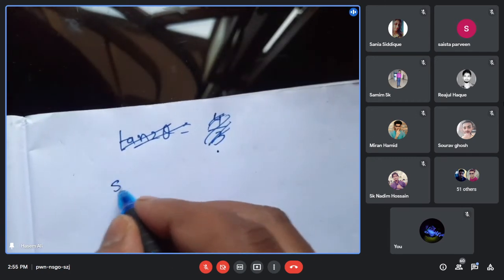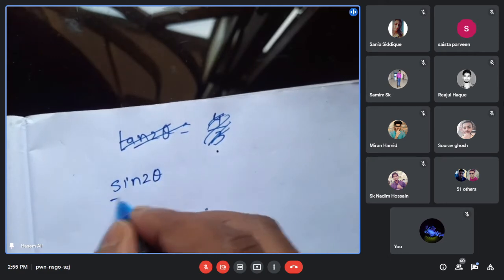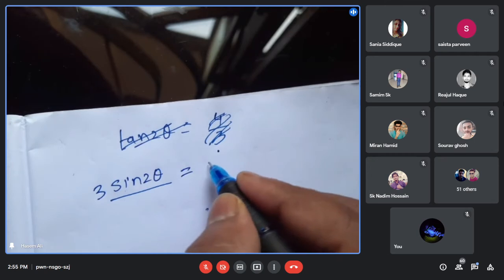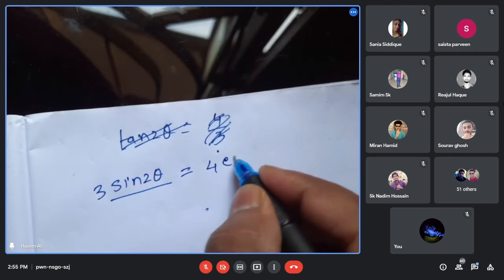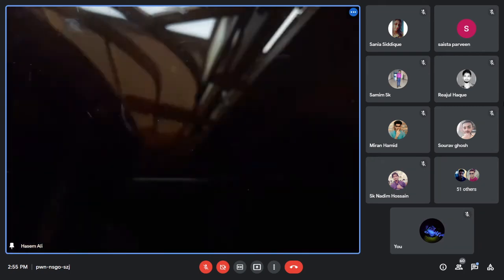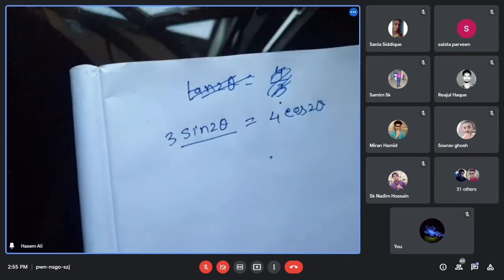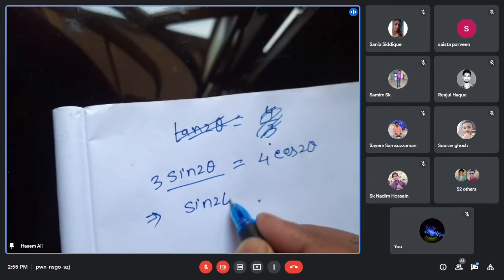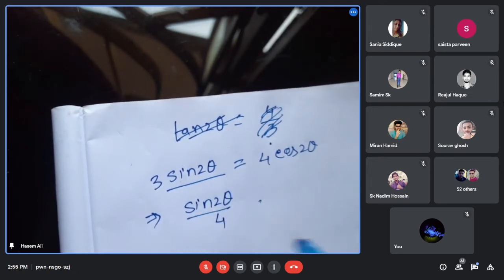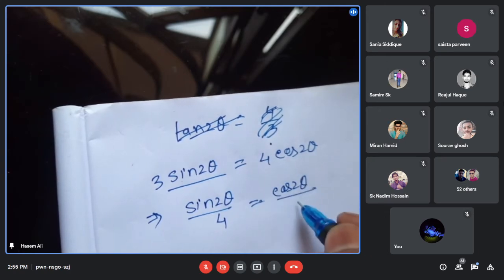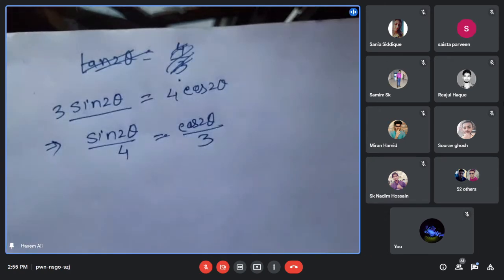Just write here 3 sin 2 theta equals to 4 cos 2 theta. Okay. That means sin 2 theta by 4 equals to cos 2 theta by 3.